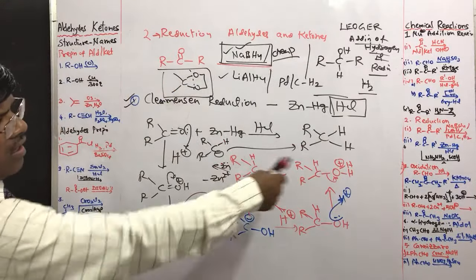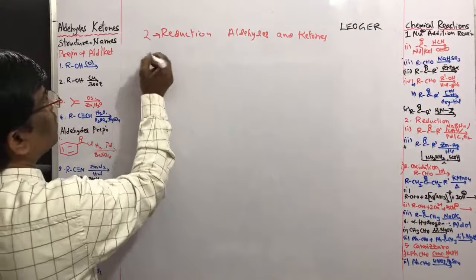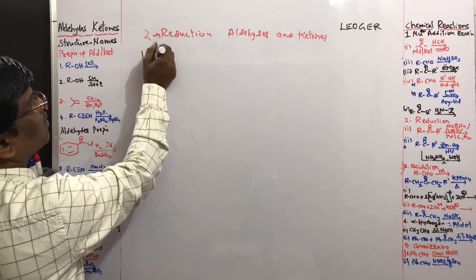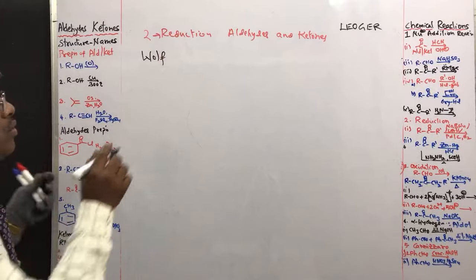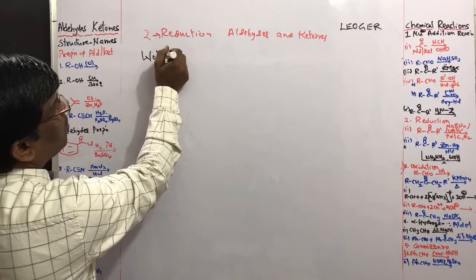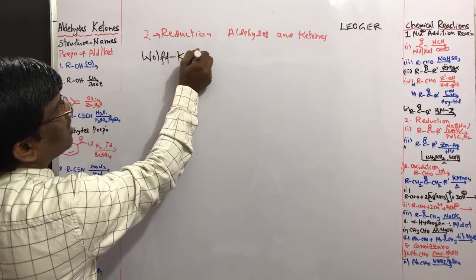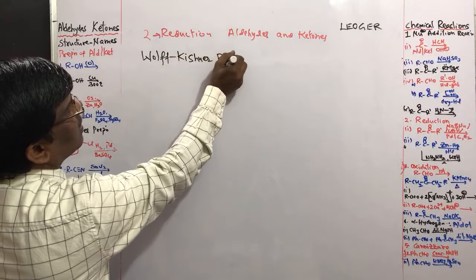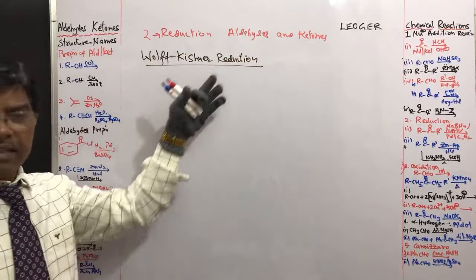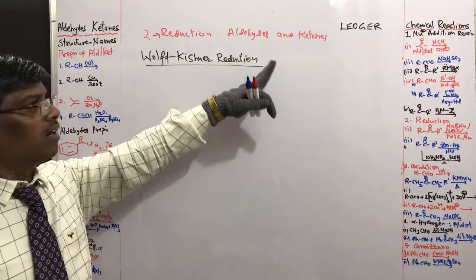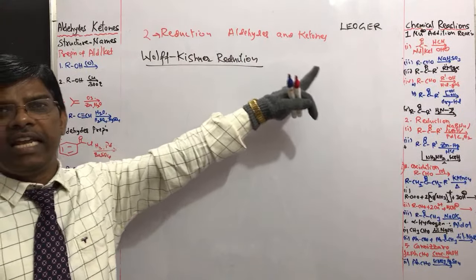Next, Wolff Kishner reduction. In Clemmensen reduction we used acid, so to overcome that acid-sensitive group cleavage, we use Wolff Kishner reduction. Dear students, don't worry. This is the specific chapter I am teaching for those preparing for JEE and NEET.